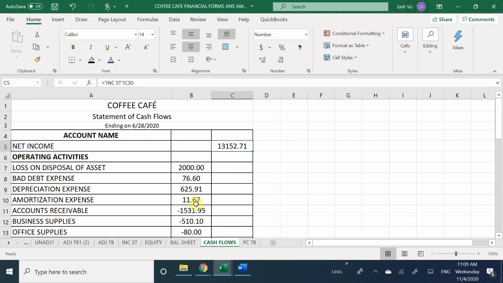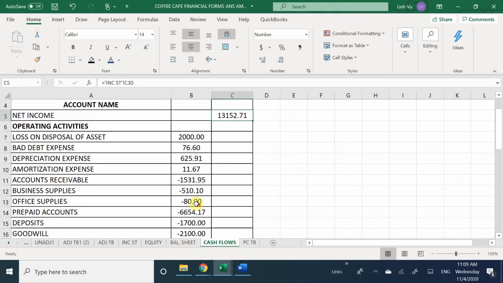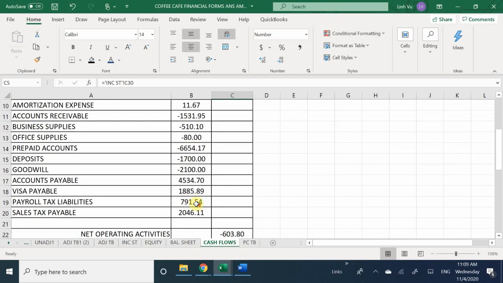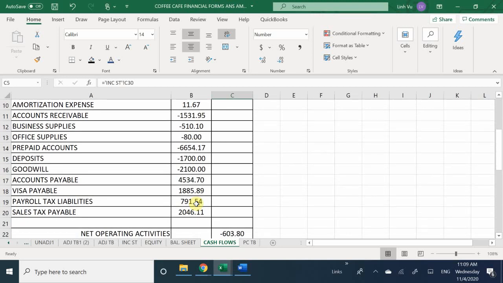You're going to subtract all your current assets and your other assets because those are money that you've already spent and that you don't have. Current assets and other assets. Correct. Minus. And then the last thing, you're going to add back your current liabilities because this is money you haven't paid yet.